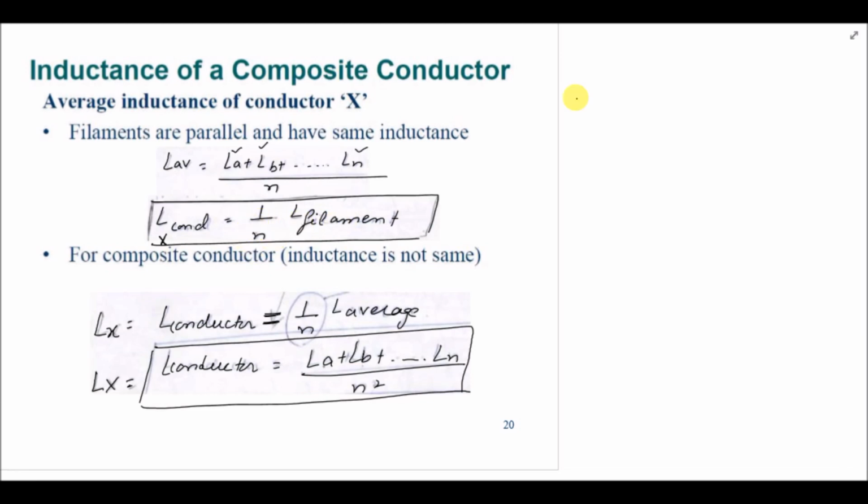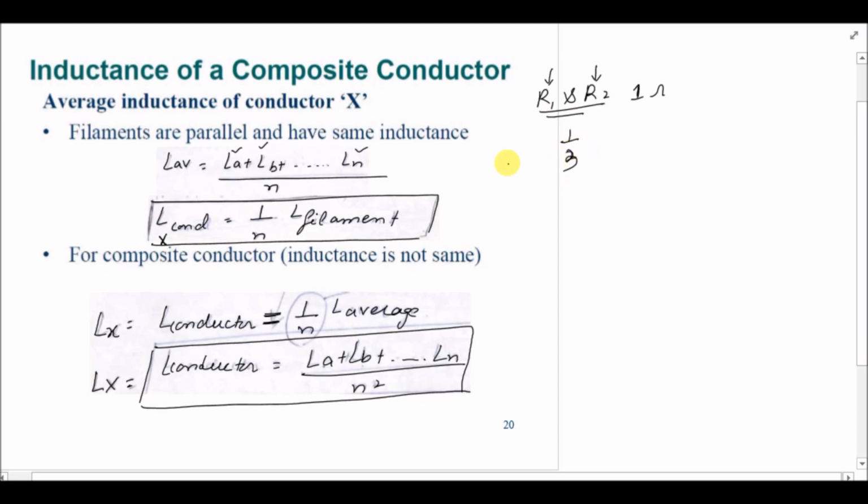From circuit analysis, we know that if we have two resistances, for example R1 and R2, and both have the same resistance, for instance 1 ohm each, then the parallel combination of these resistances will be 1 by 2, because we have two resistances. If we have 3 resistances, then it will be 1 by 3, right?